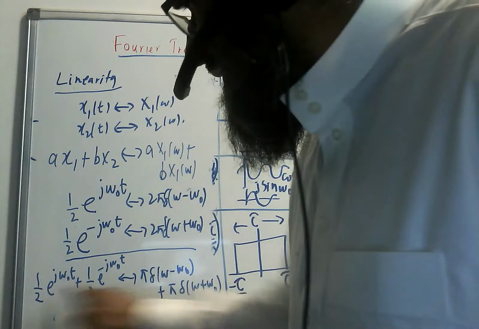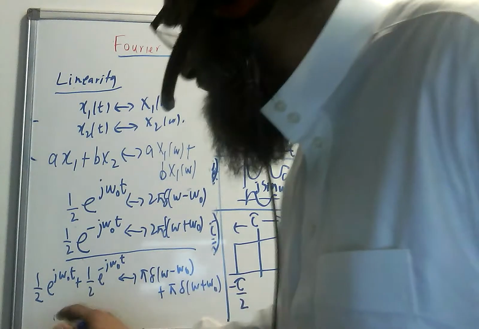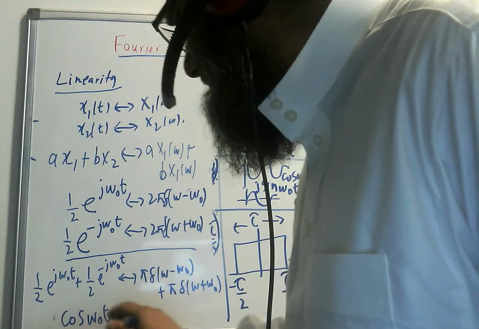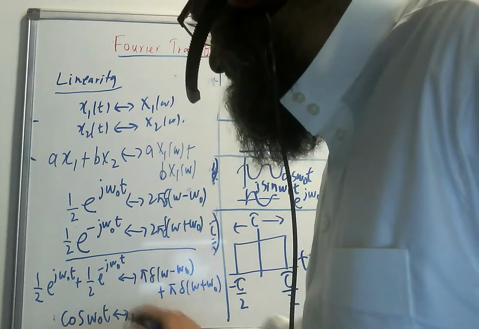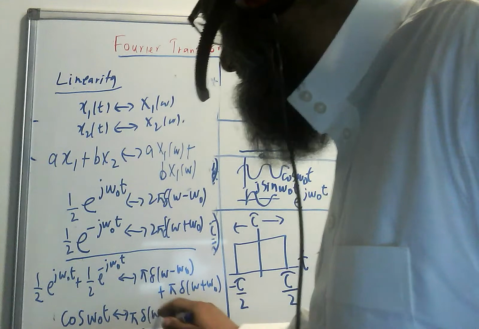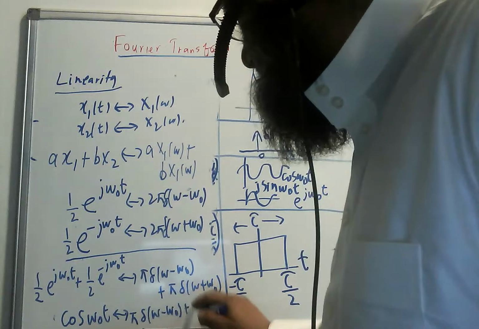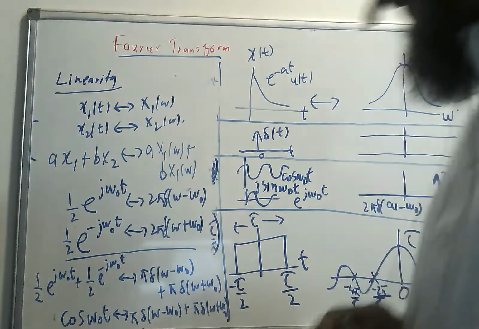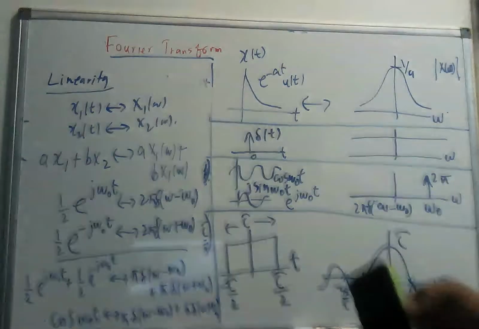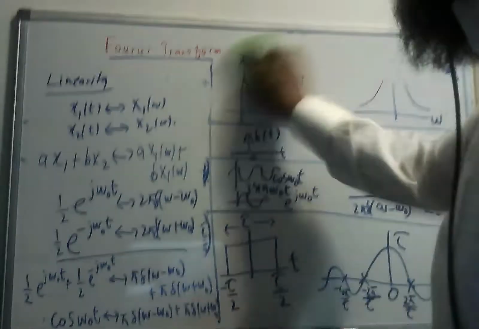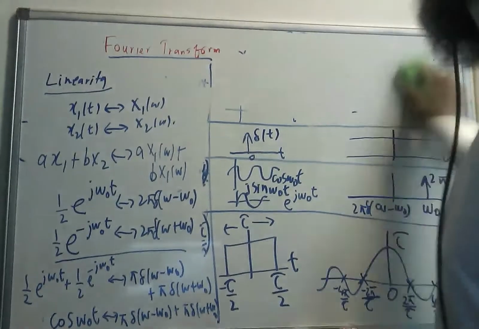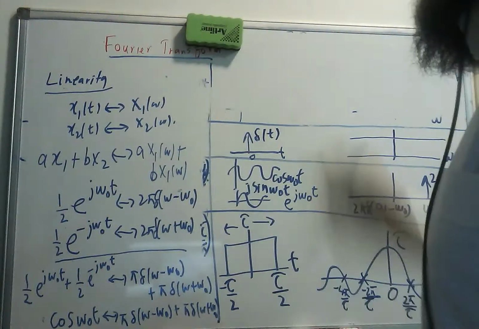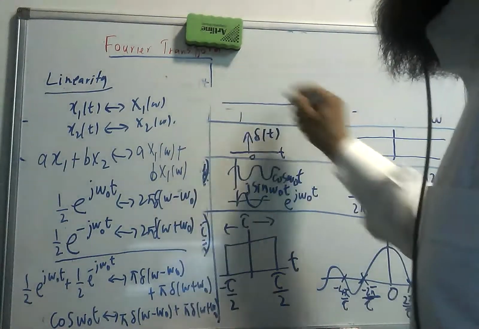And on this side, the sum of the two exponentials is cosine. So the Fourier transform of cosine is two delta functions, pi delta of omega minus omega naught plus pi delta of omega plus omega naught. And so I can just remove this for the time being and draw the cosine here.